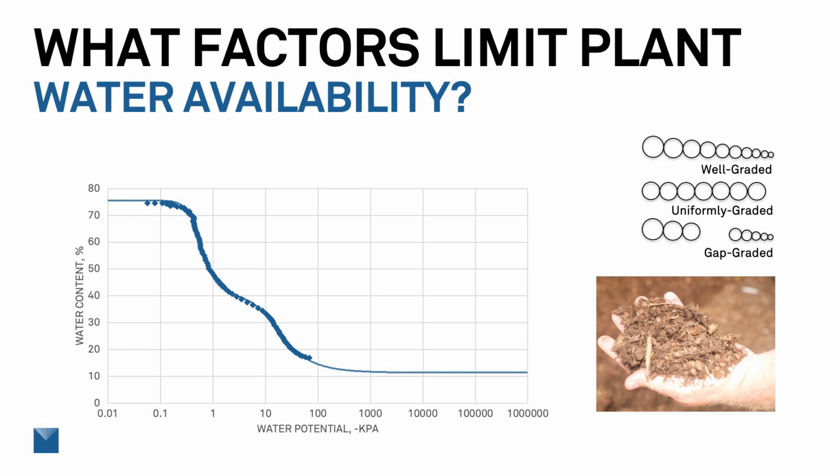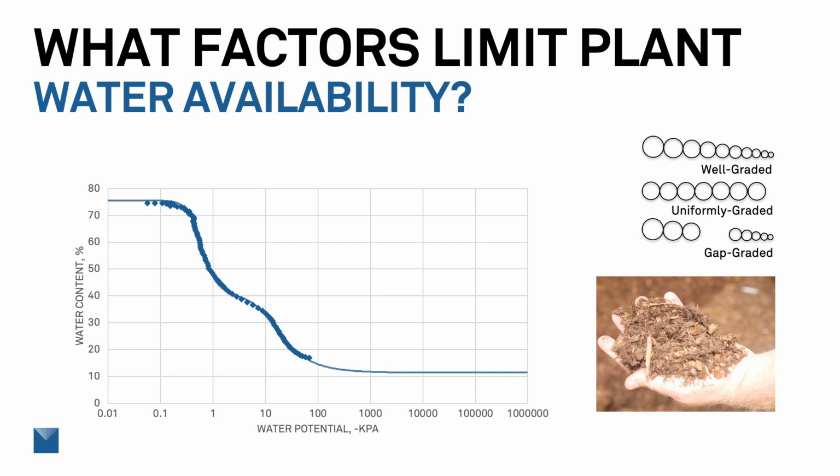So what does a bimodal curve tell us? A bimodal curve like this tells us that the soil is actually gap graded. For example, here we have this soilless media that's made up of a bark material and then fines around that. Within the bark itself, we have lots of small pores. Around it, with the fine materials that make up the structure around the bark, we have large pores, but we're lacking those intermediate pores.